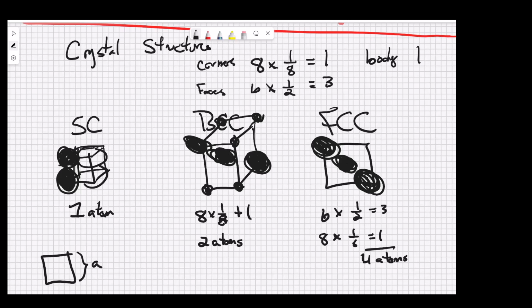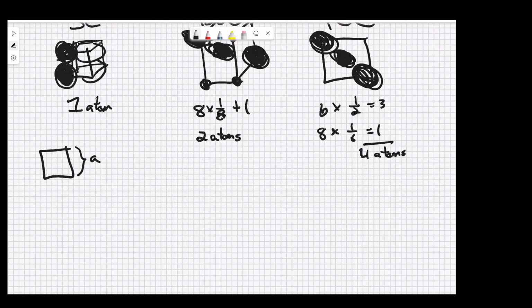So we can make those relationships. In simple cube, the lattice cell parameter is just 2 atomic radii. Since the atoms touch along the edge of the cube, that makes sense. For face-centered cube, we've got to do a little math.